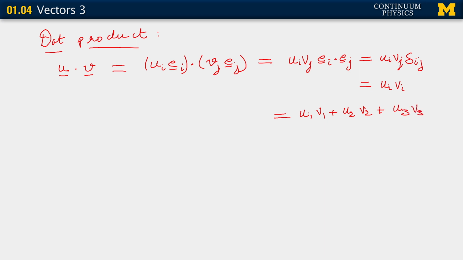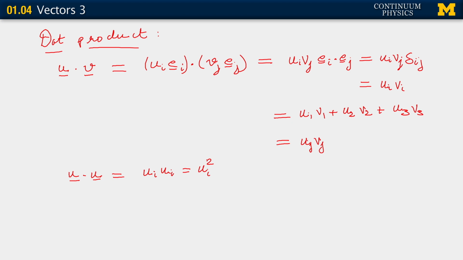Also observe that the same thing would have followed if instead of writing this as ui vi, we were to have gone the other way, which is to write this as uj vj. The other thing this lets us do is to say that u dot u now is ui ui, which is ui square.